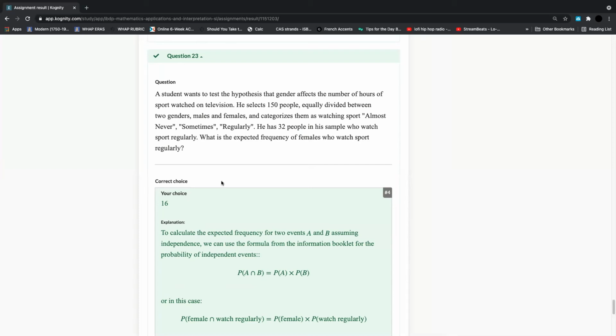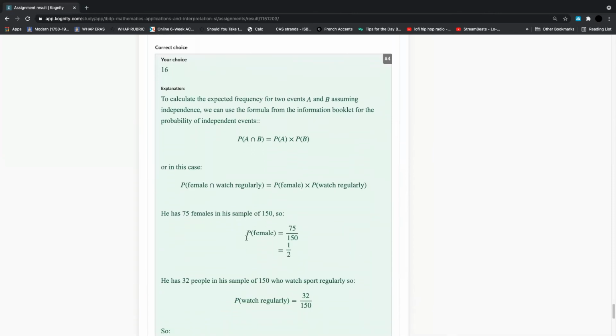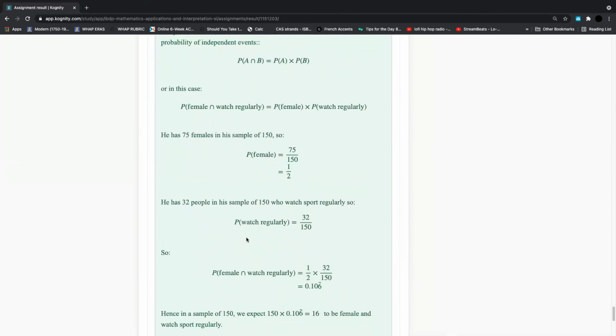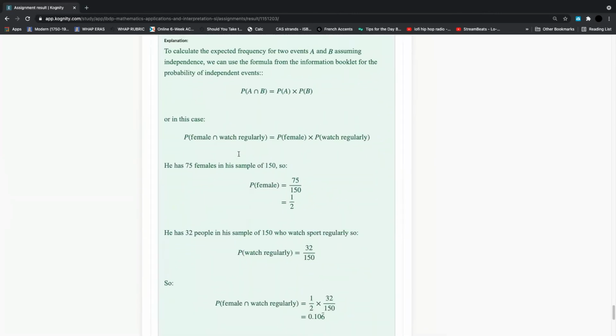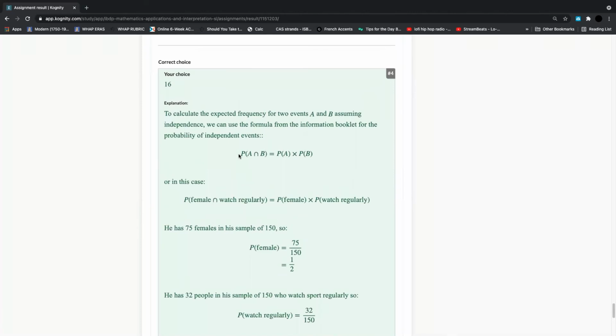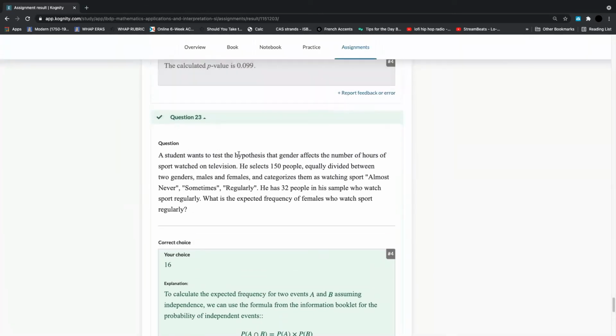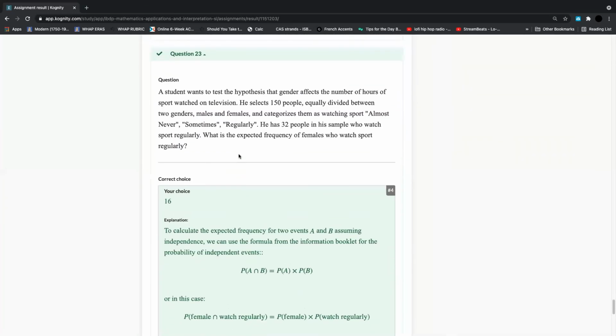If all of this is very confusing, I will talk my way through a simpler process to comprehend. He selects 150 people, so that's the total value, the first value you would put in your calculator.